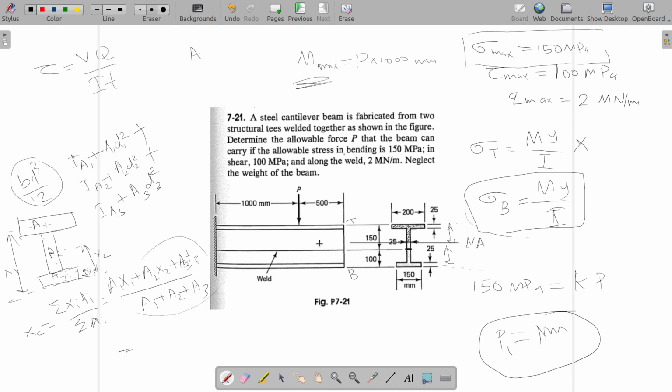Using this type of formula, you can calculate the centroid of the area, which will be somewhere here probably, and the distance between that and the neutral axis will give you y bar. So once you have A and y bar, you will get Q. So you have Q there, and V is equal to P and I you've already calculated, and T, you are finding out shear stress at the neutral axis.